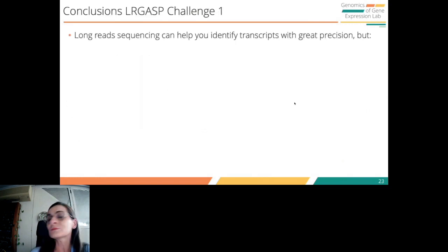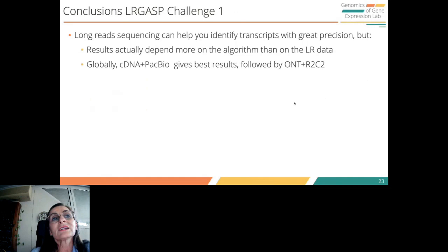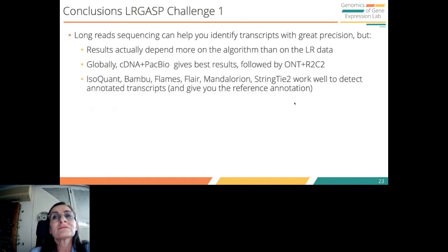So concluding this part, I think that yes, long reads can help you identify transcripts with great precision. But actually, the definition of the transcript models depends more on the algorithm than on the long-read data, because of how each algorithm curates the results. We would say that globally, cDNA PacBio and Nanopore with R2C2 gave the best quality data and probably results.